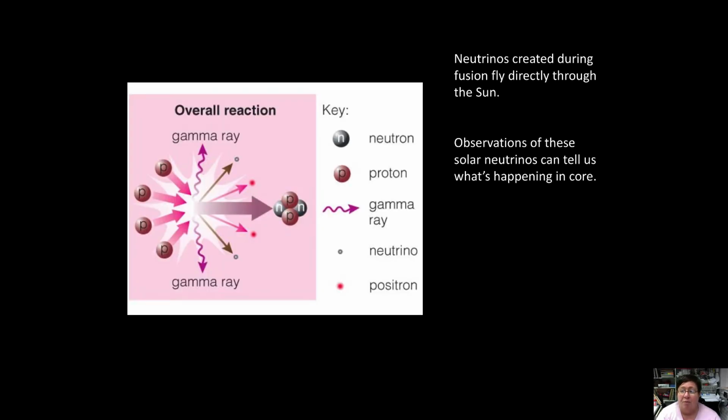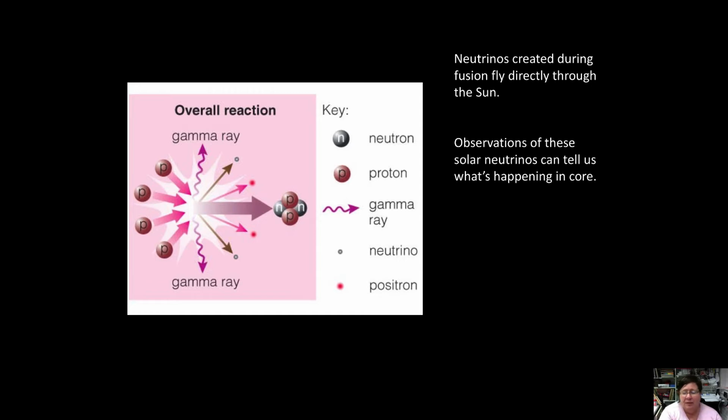Okay, now remember, not only do we have a helium-4 nucleus produced in this fusion of 4 protons, but we have these things called neutrinos. If we could detect these neutrinos, this would be a good verification that this reaction is what's really happening in the core of the sun. Now, neutrinos created during fusion fly directly through the sun.